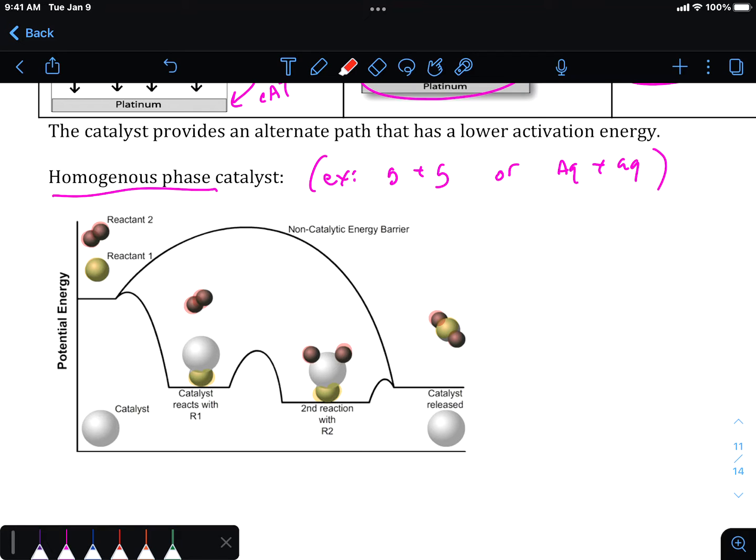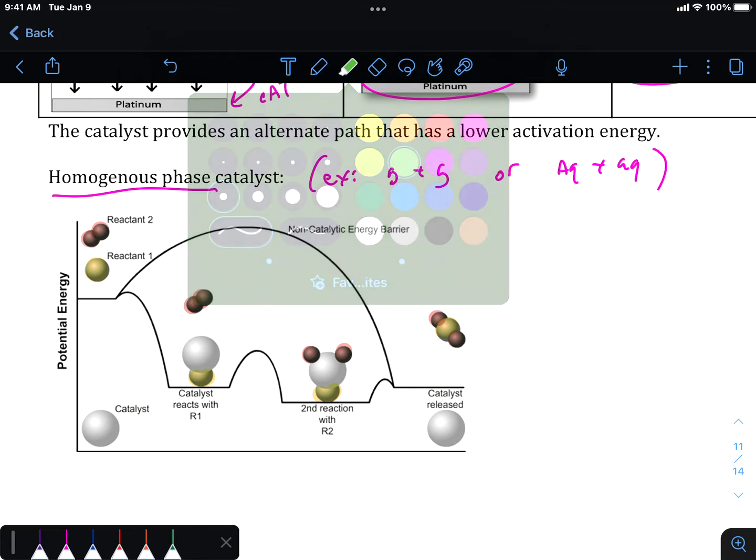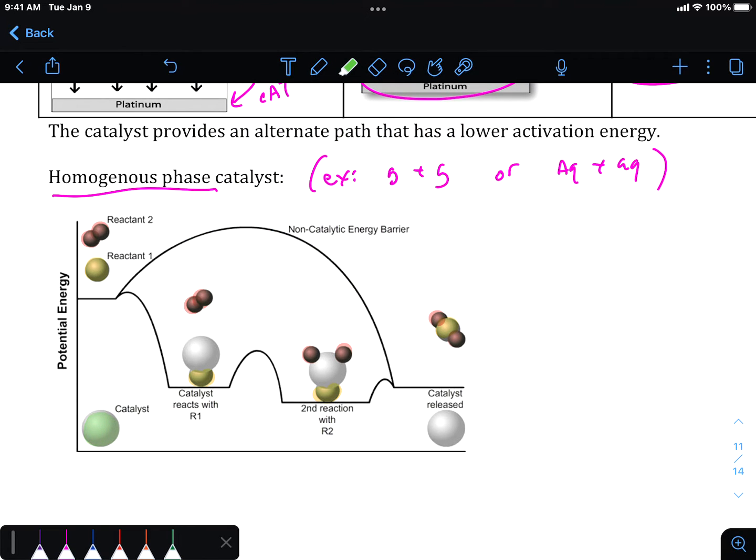And we'll make the catalyst green. All right. So reactant 1 is going to react with reactant 2.